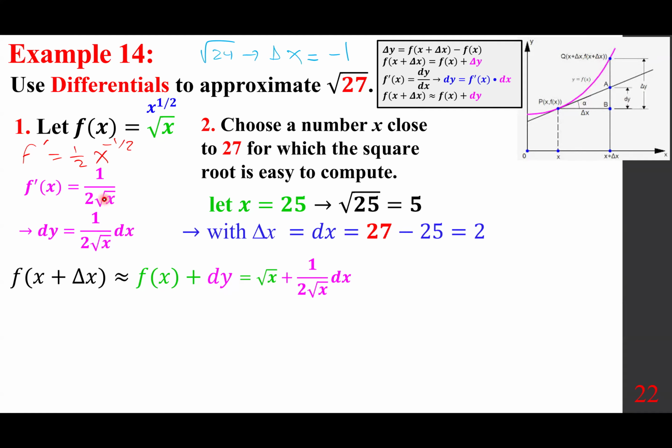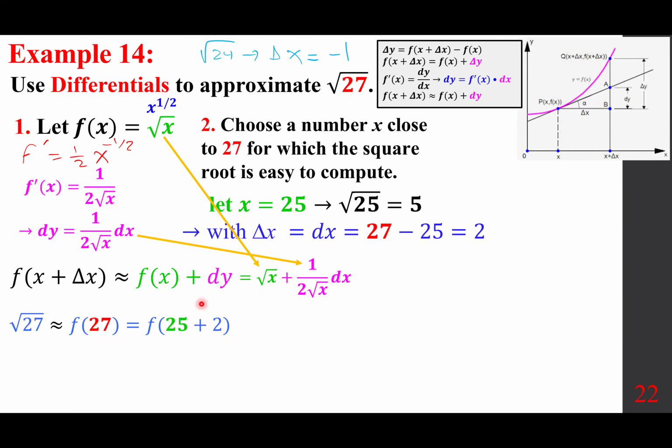So now we put the function, we put the dy, and we want square root of 27. That means f of 27, which means f of 25 plus 2, which means this is x, and this is delta x.